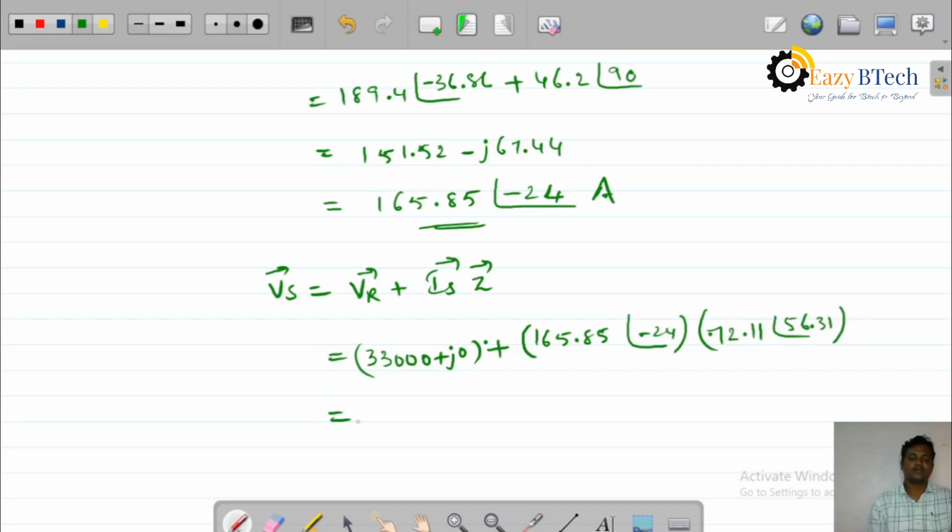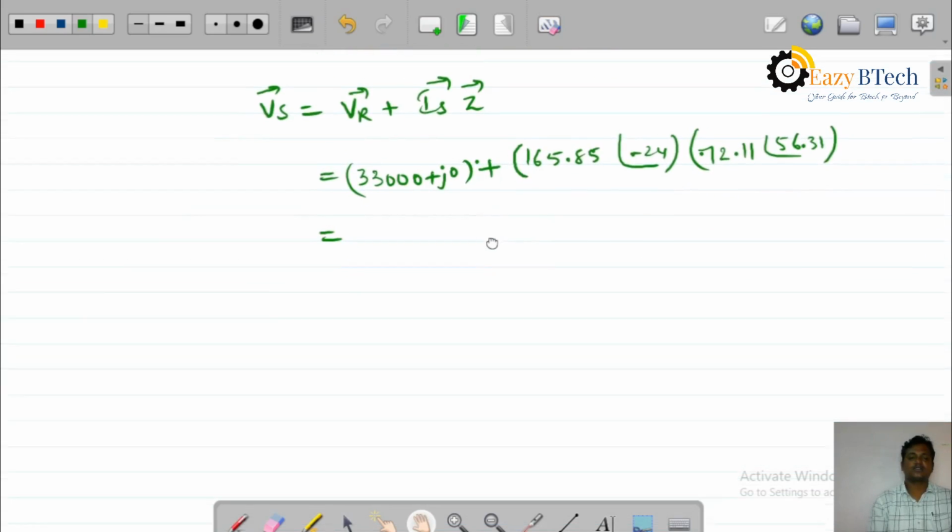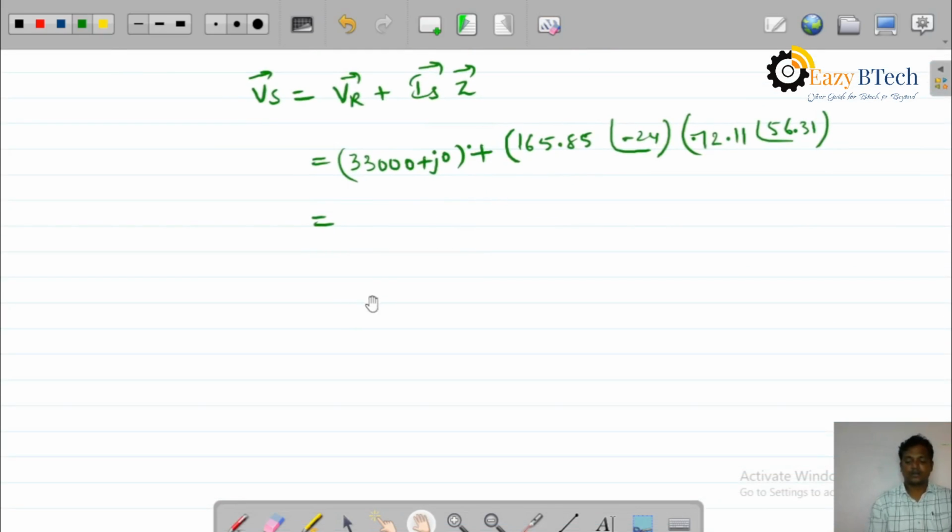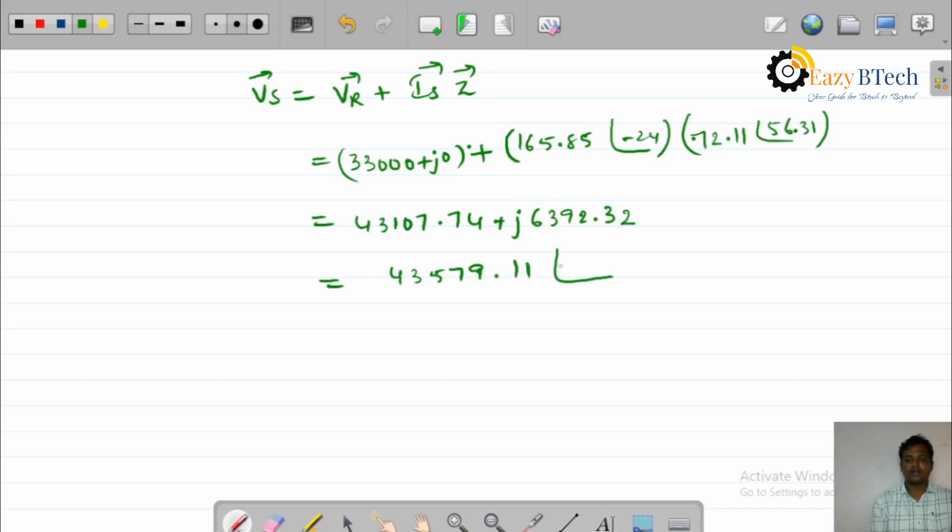After multiplying this, you get VS equals 43107.74 plus J 6392.32. Convert this into polar form, you get 43579.11 at an angle 8.43 volts.